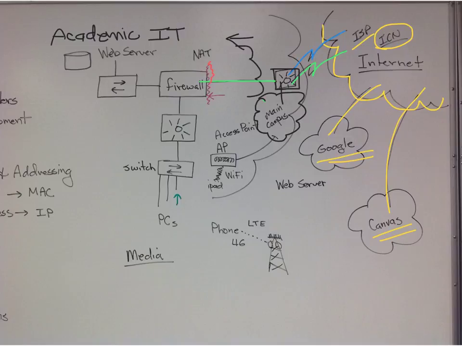A firewall blocks anything trying to come in, but if it has something that wants to go out, and it goes out, let's see, we go out to the Internet, to some Canvas, and then we come back, the firewall's smart enough to let in the material, the packets, the switching through the Internet, to let those back in.